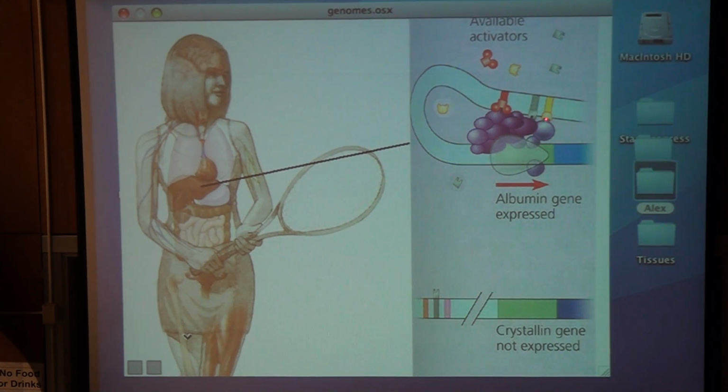And so, how does the liver figure out to express these activator proteins and not some other ones for the crystalline gene, and how do the eyeball cells express the activator proteins for these ones and not that one, or just sort of push the problem of gene expression back one level to talking about how they express the different activator proteins that you need. Well, the answer is that there is no solid answer yet. This is still an active area of research.